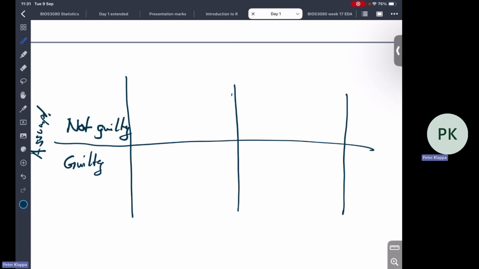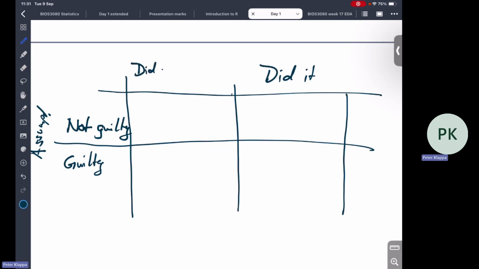Now, we can also say there are two options. She actually committed this crime and nicked my chocolate. So, did it, or she didn't do it. What do you think?